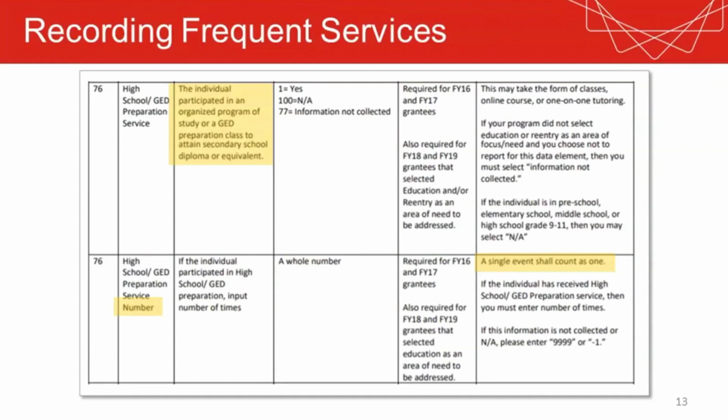And so I think you will have to go in and increase that number each time you've confirmed that a service event occurs. And in terms of looking across different services, if you were providing several different education services to the same participant, you would update each of those separately. But then in the data dashboard, there are ways to view all education services taken together.